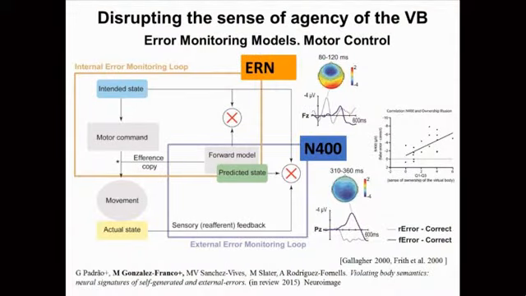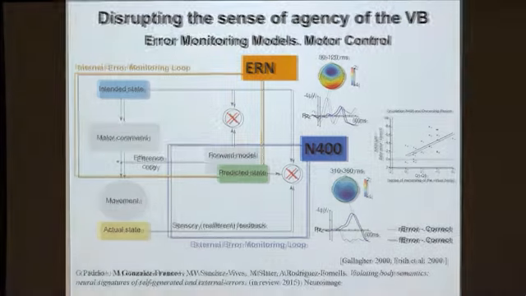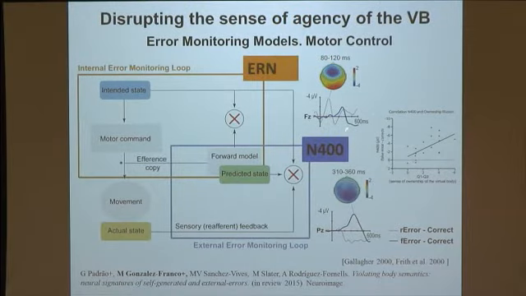And just to finalize with this experiment, I want to show you that this N400 strength, so the more negative, the stronger the agency disruption, is correlated with the sense of ownership of the virtual body. The more you feel this is your virtual body, the stronger the break on the agency is.